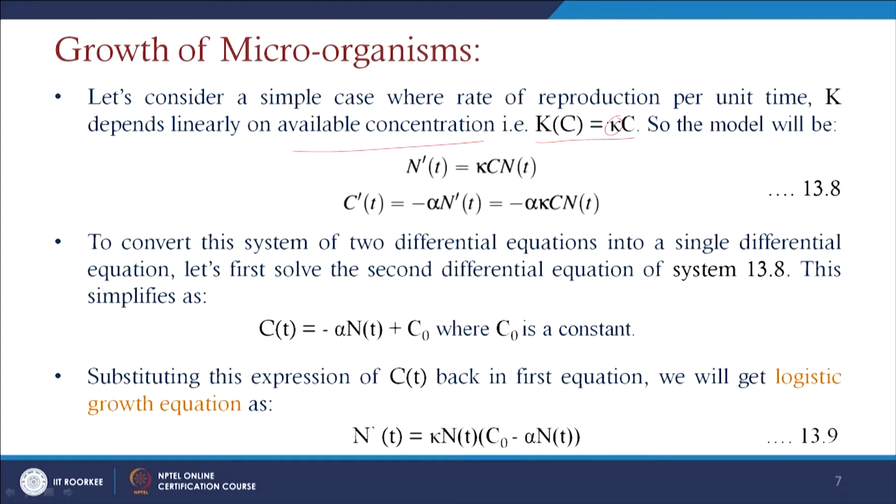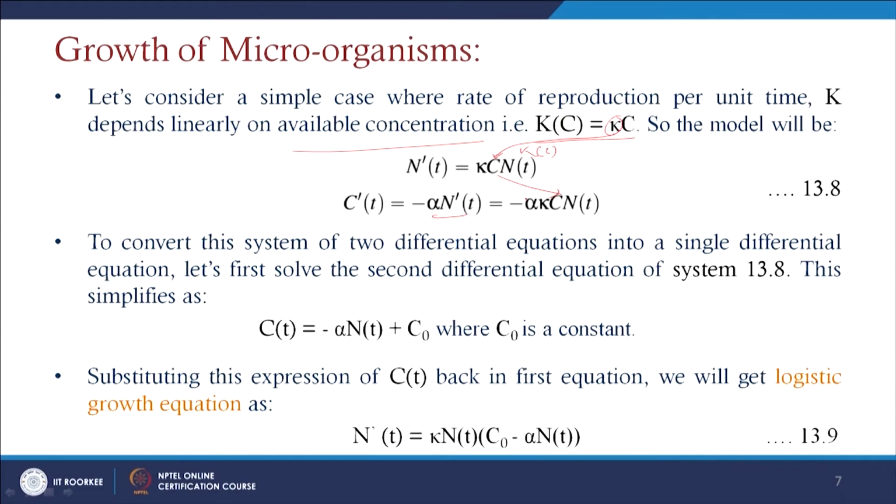So the model n'(t), earlier written as k(C) n(t), becomes k C n(t), and C'(t) is minus alpha n'(t), where n'(t) is replaced by minus alpha k C n(t).